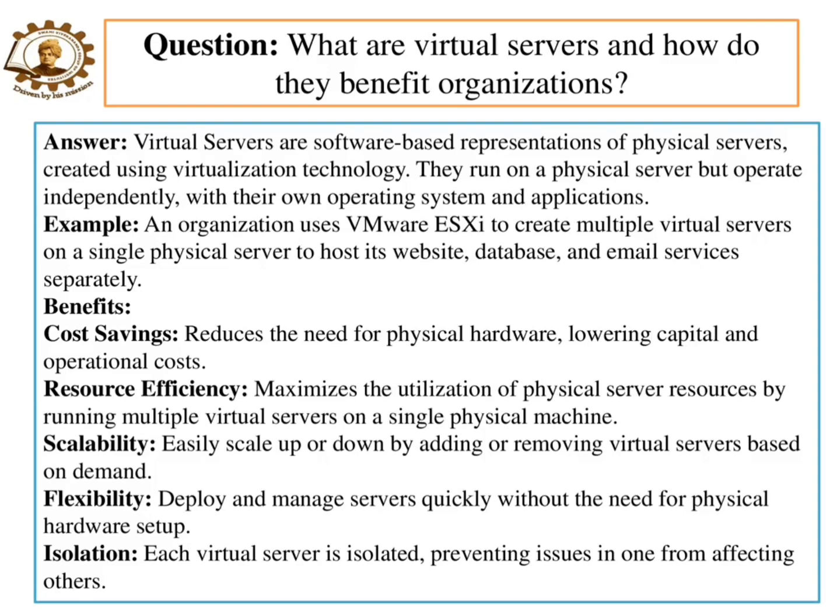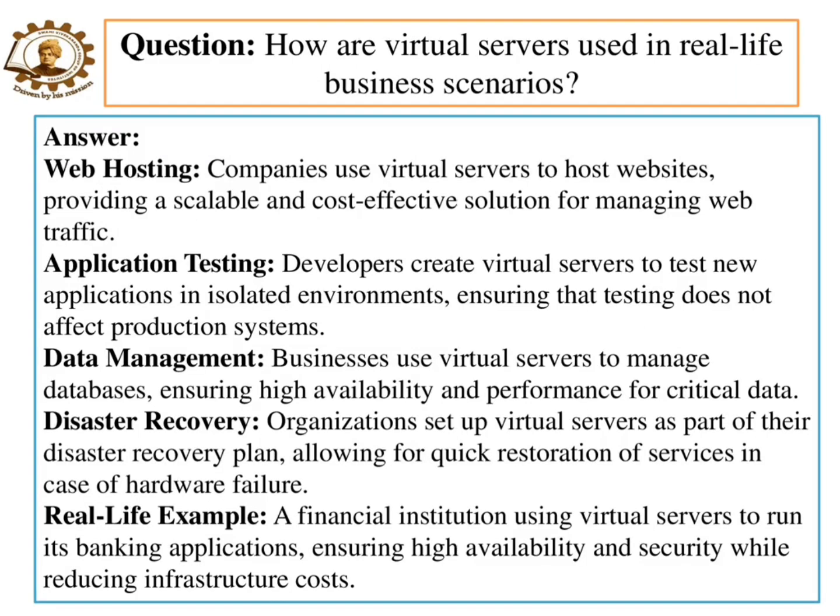Number 3 is isolation. Each virtual server operates independently, preventing issues in one from affecting others. Number 4 is management. That means it simplifies IT management through centralized control and automated provisioning.